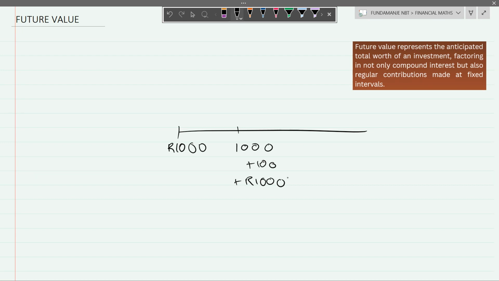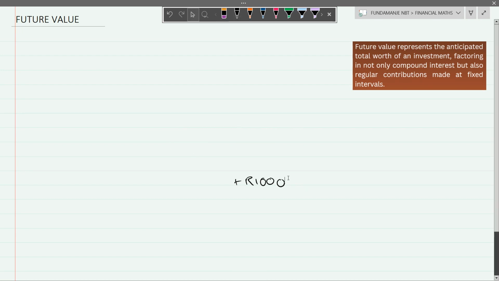So we're going to be making regular payments to an account, and we want to make this investment in such a way that we are able to calculate the total worth of the investment before we can even take it out.